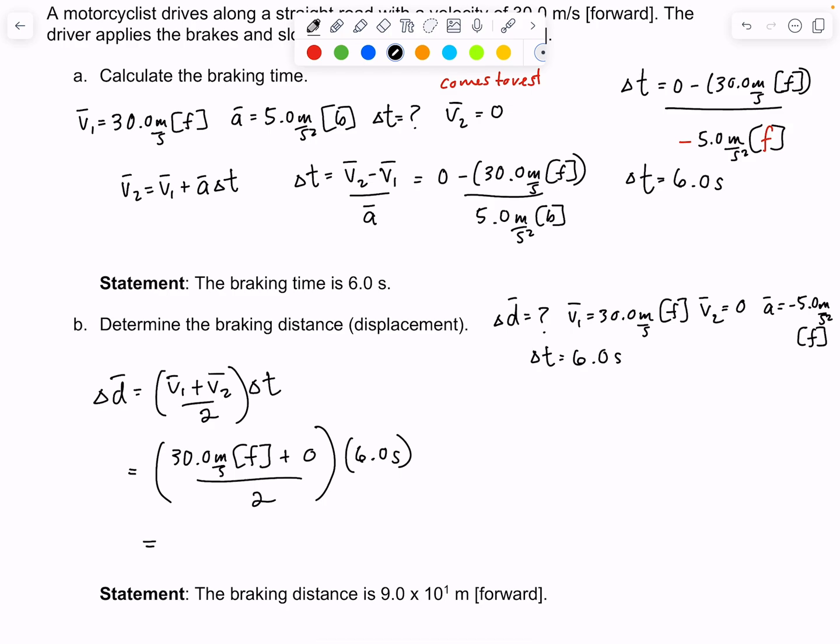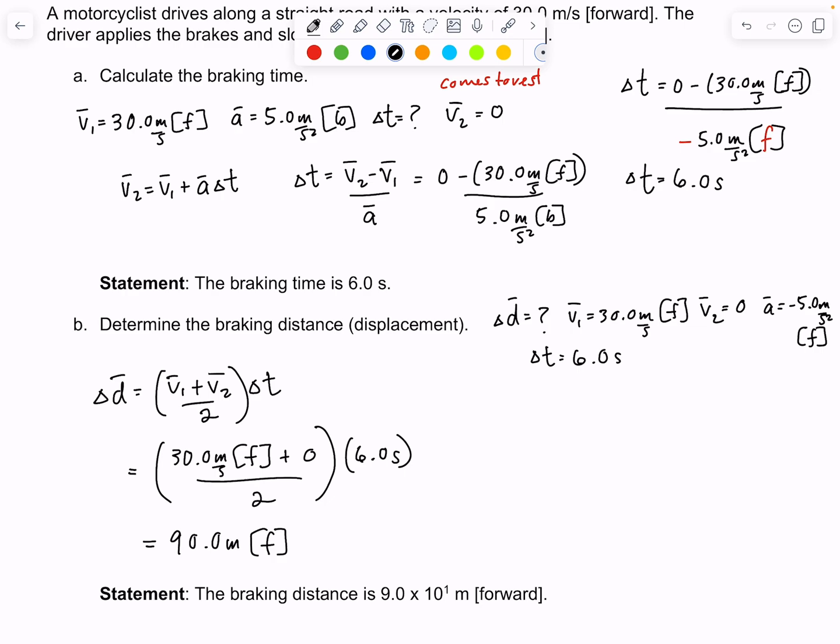We want to report our answer to two significant digits. 30.0 plus 0 divided by 2 times 6 is 90.0 meters forward. How do I write that to two significant digits? This is an example where we're forced to use scientific notation.